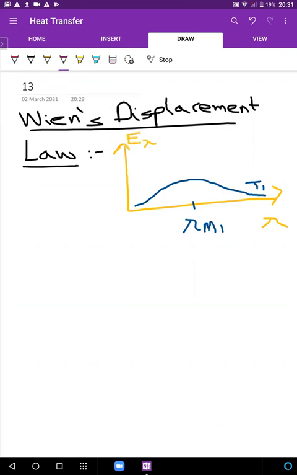Now, when I increase the temperature, do you expect this area to increase or decrease? What will happen to the area? As temperature increases, will emissive power increase or decrease?